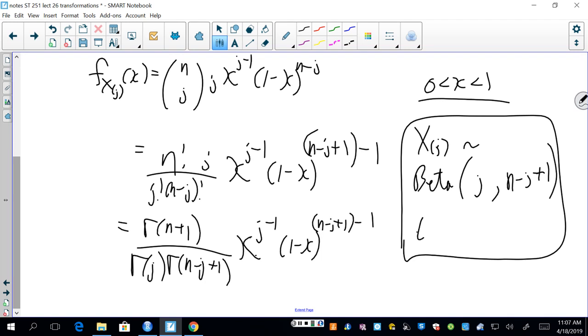So its expected value is the expected value for that beta. And the expected value of that beta is j over n plus 1. The first parameter over the sum of those next two.